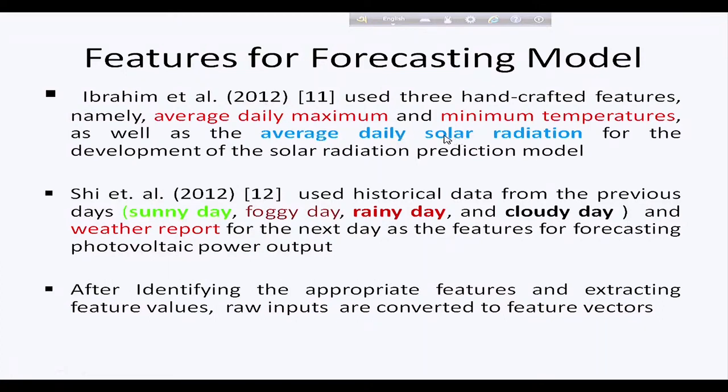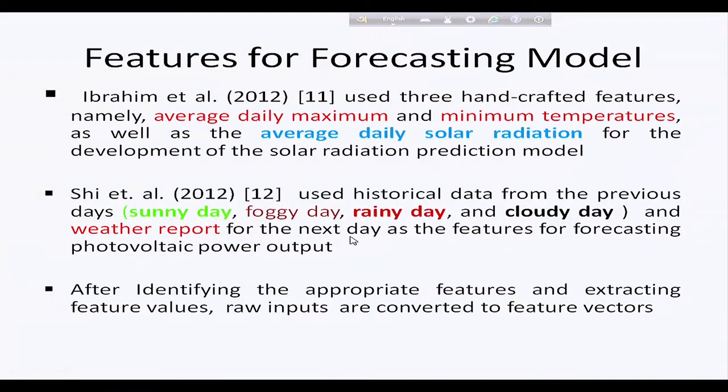Somebody can argue that this is not the most suitable feature; there are more features you can think of. In another work in 2012, they used historical data from previous years, and sunny day, foggy day, rainy day, cloudy day, and the different weather reports were considered as features for the model. They developed different types of machine learning models for forecasting the photovoltaic power output.